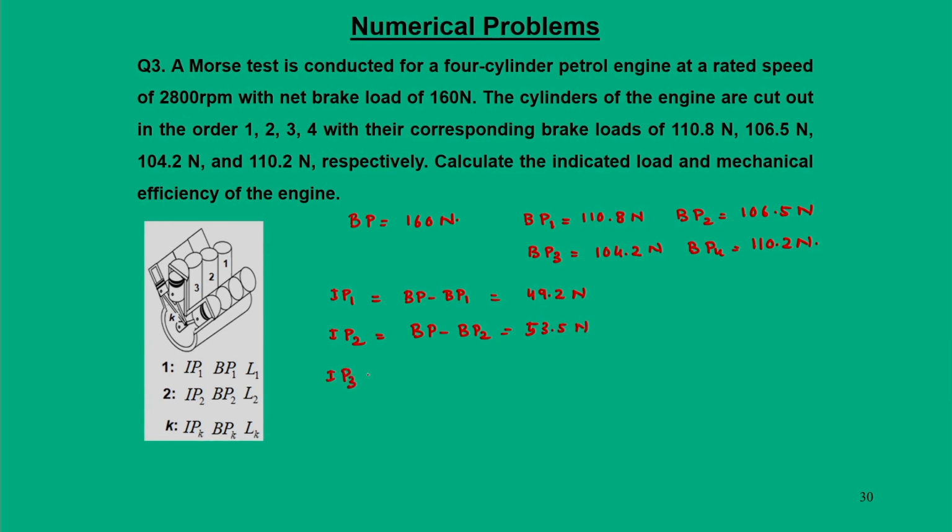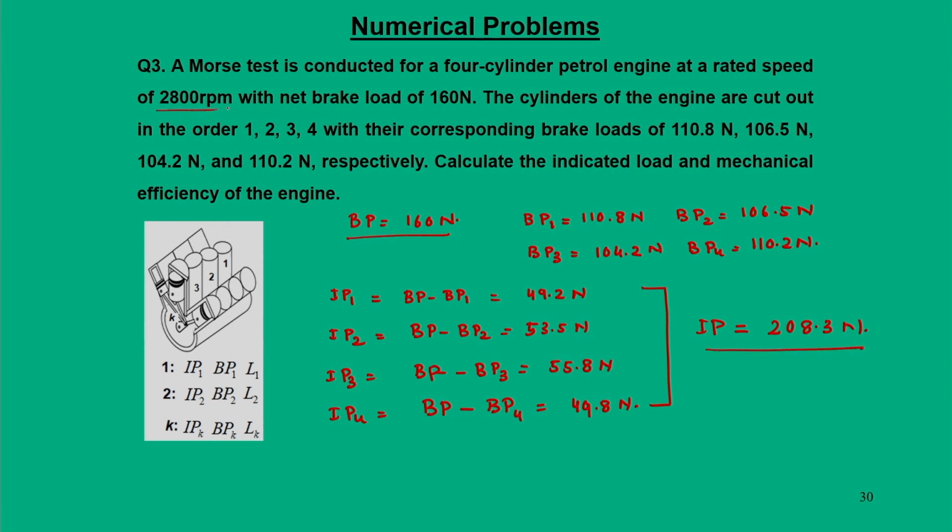IP 3 is BP minus BP 3, 55.8 Newton, and IP 4 is BP minus BP 4, 49.8 Newton. So, the total indicated power we can sum up. The total IP will be 208.3 Newton.